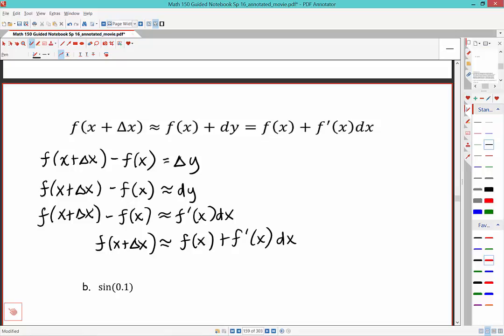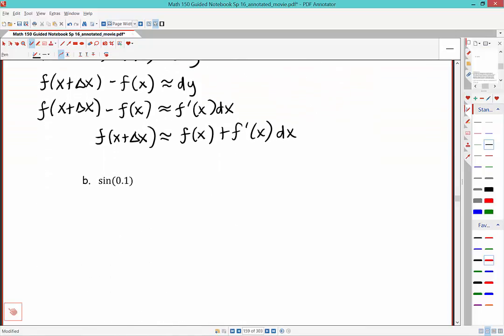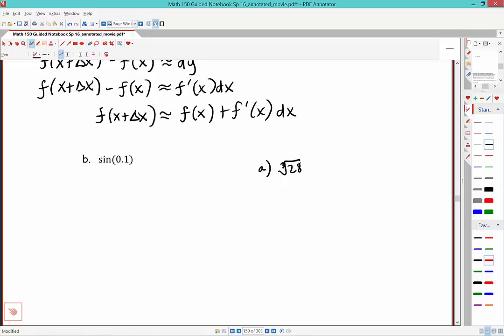Okay, so far? So looking at the cube root of 28, I'll do that one over here. That's part A. The cube root of 28. What we want to do is figure out the closest perfect cube to 28. So do you guys see that this could be written as the cube root of, good, 27 plus 1?